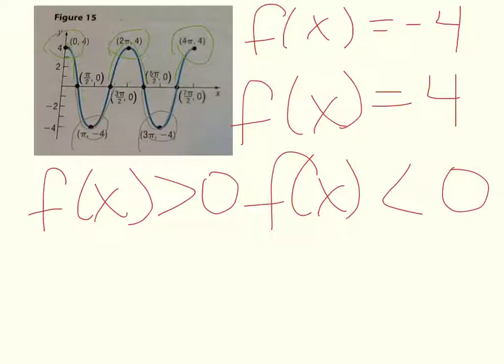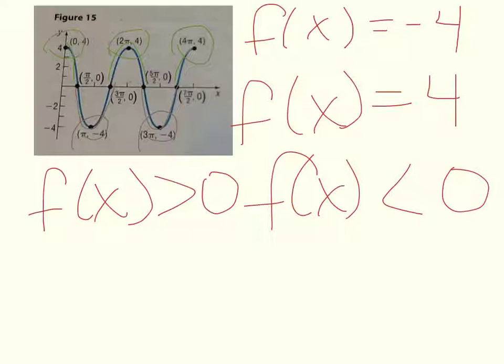So, from 0 to pi over 2, and then from 3 pi over 2 to 5 pi over 2, and then from 7 pi over 2 to 4 pi. And for the less than 0, it goes from pi over 2 to 3 pi over 2, and then from 5 pi over 2 to 7 pi over 2.